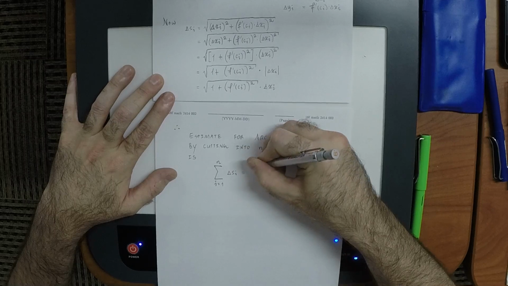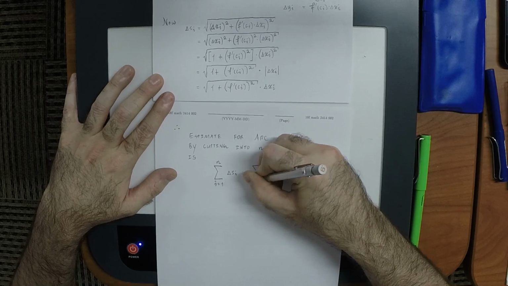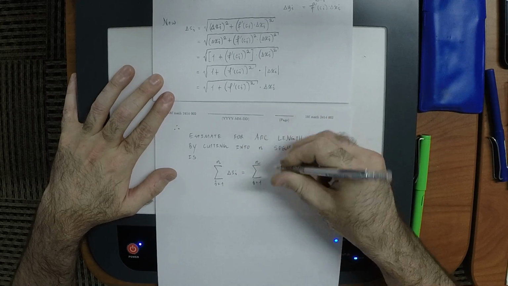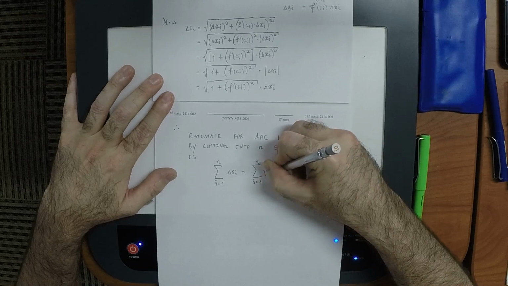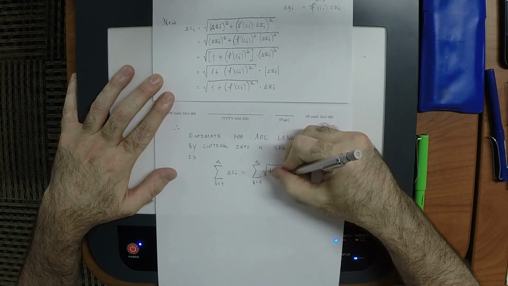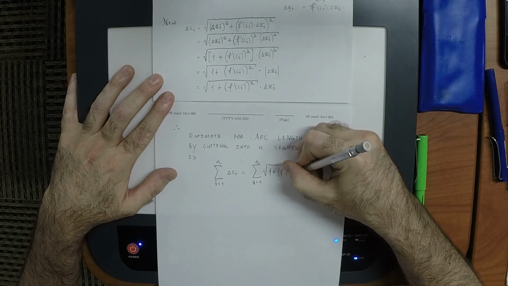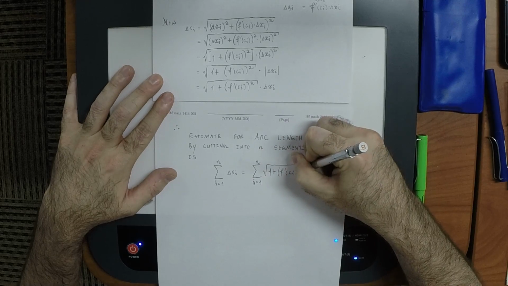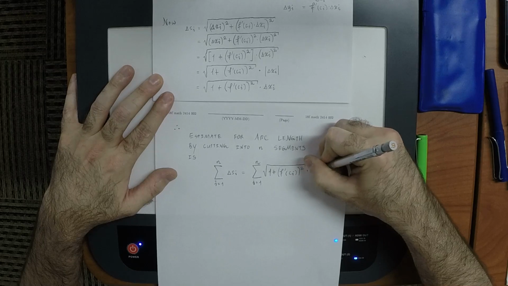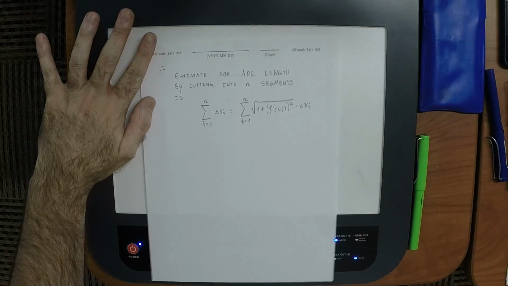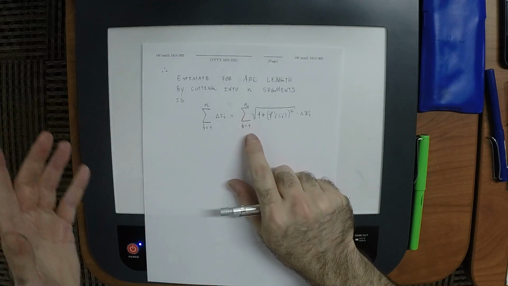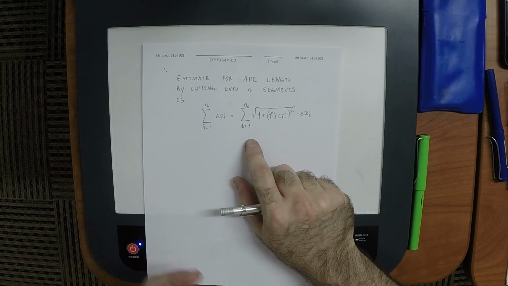So this would be the summation from i equals 1 to n of the square root of 1 plus the derivative at ci squared, times delta xi. Again, this is how you do it with n segments. So that works with n is 4 segments, or n is 4 million, it doesn't matter.